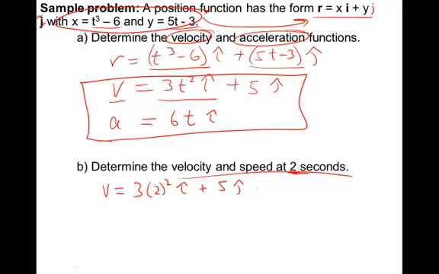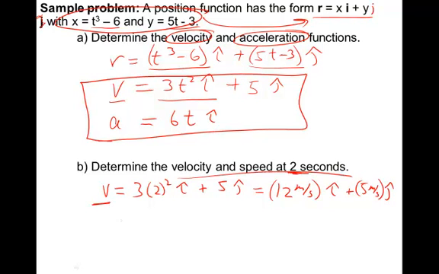All right, and that would give me a velocity of 4 times 3, or 12, and let's assume that it's in meters per second, 12 meters per second i hat, plus 5 meters per second j hat. So that's the velocity.